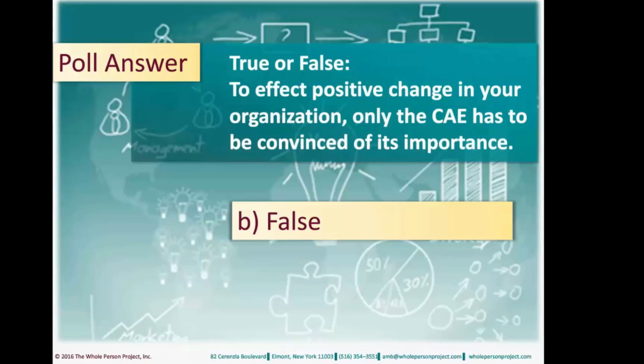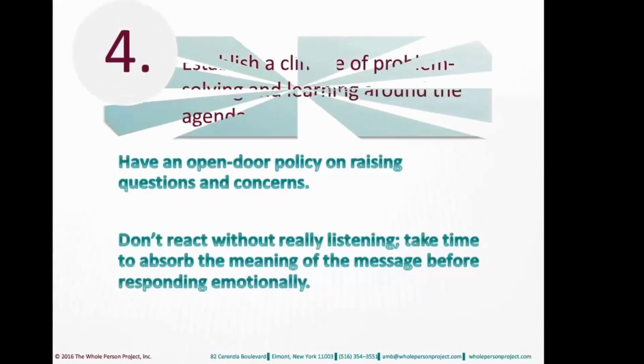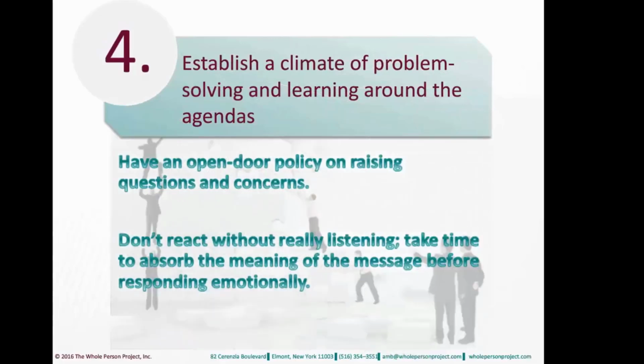We need to get people at all levels involved. From my perspective, as a consultant who works with a lot of change initiatives, this fourth step, in my view, is the most important one.